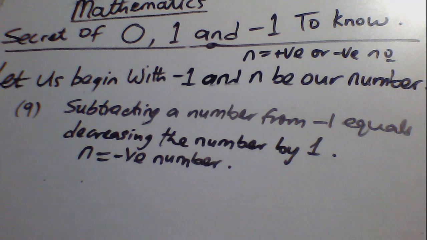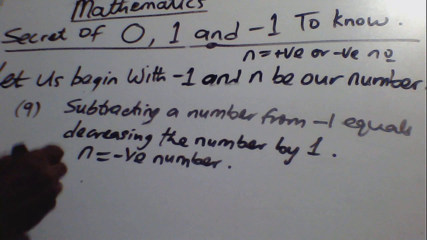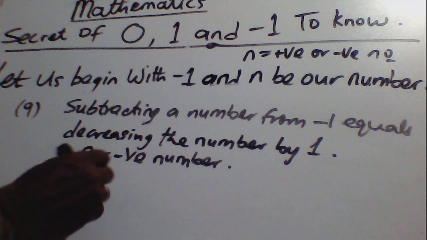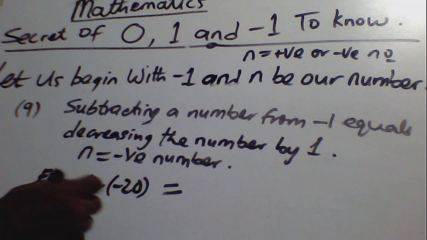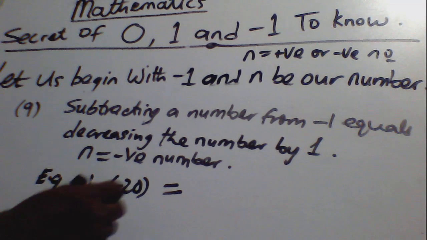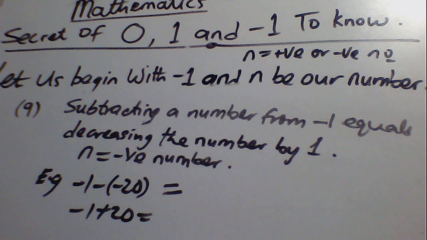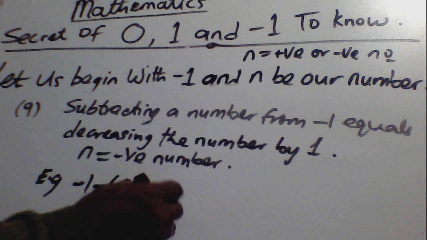So, for example, -1 minus -20. This is equal to what? This will give us -1 plus 20. If you open bracket, minus directed number will give us plus. So we have 20.